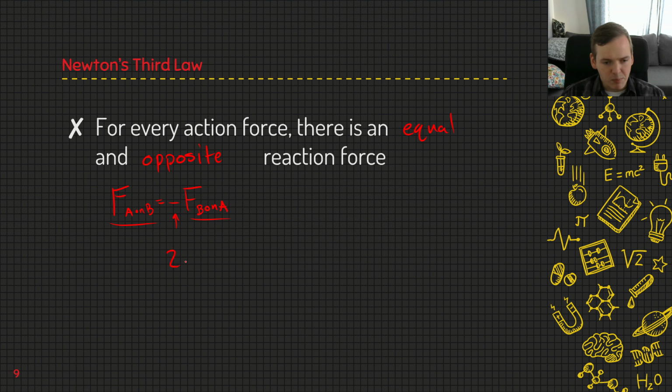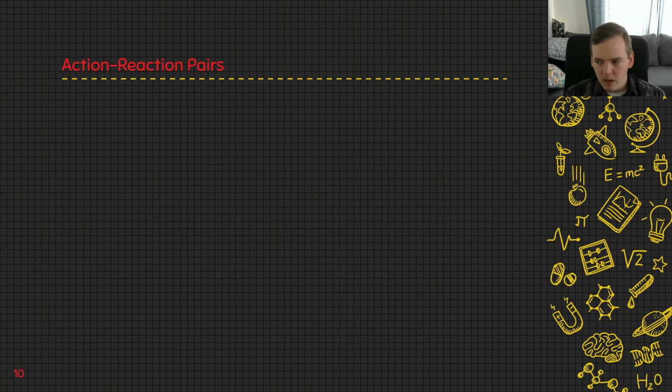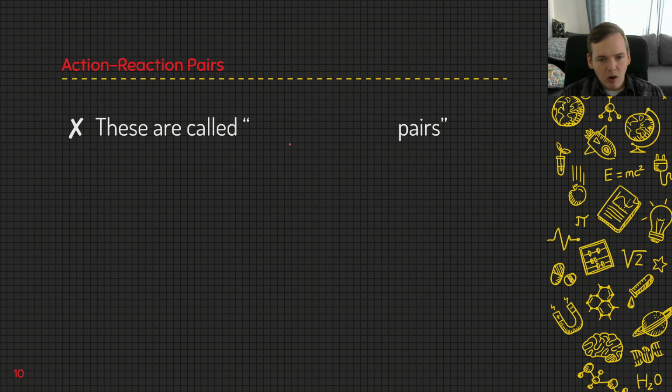Because you'll have something like 2 equals negative 2, right? And so that's where we see that their magnitudes are the same here. So these are called action-reaction pairs.